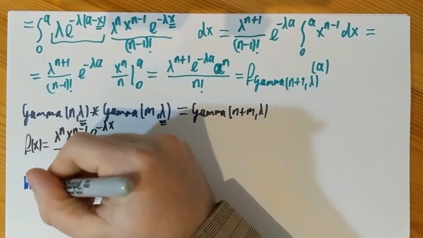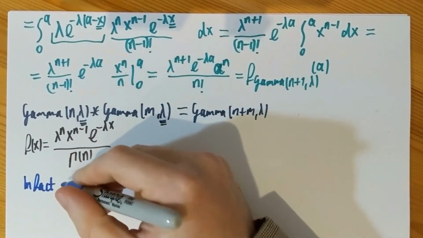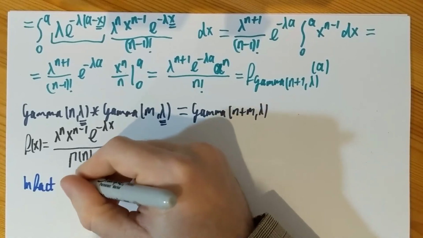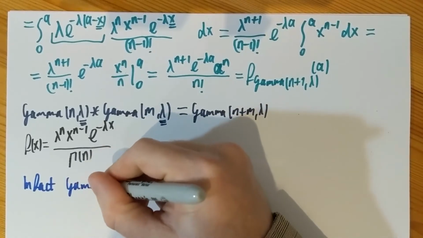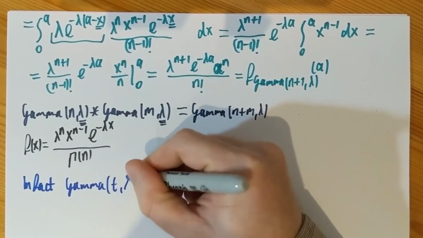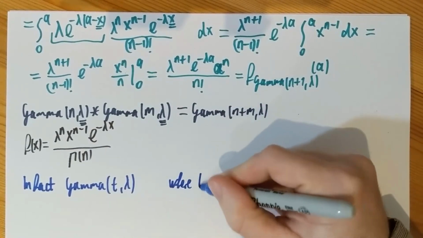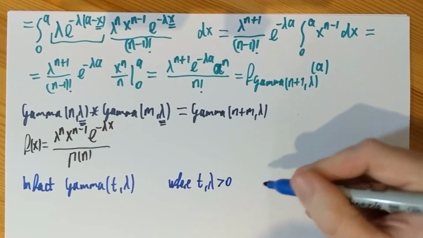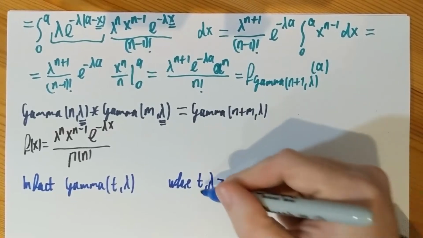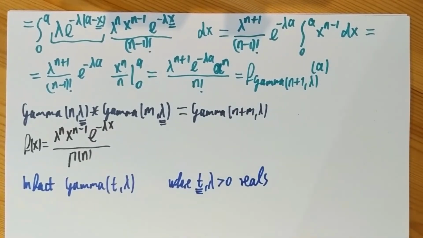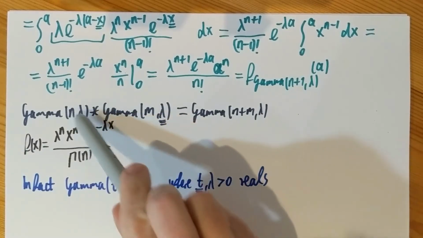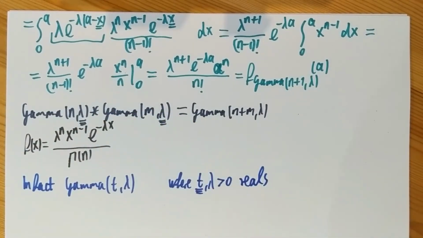In fact, everything works perfectly fine for defining the gamma of t and lambda distribution, where t and lambda are both positive reals. So the difference is that I can make the shape parameter, which used to be an integer before, into a positive real parameter.